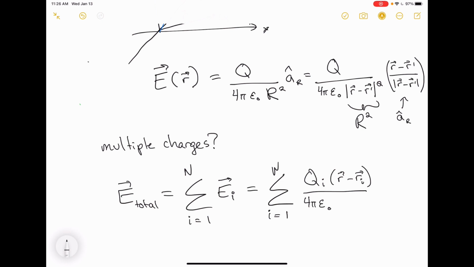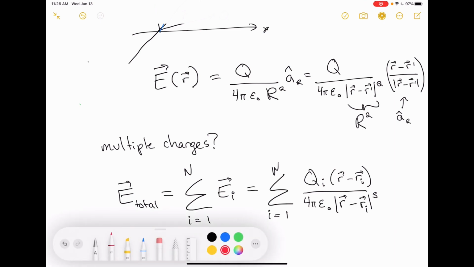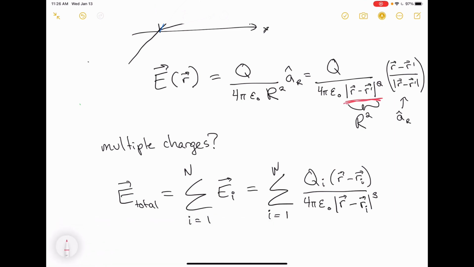Those values don't change. Magnitude of r minus r sub i cubed. It's cubed here because in the previous expression I have it squared and then another factor of it. So when you combine those, you get the cube.